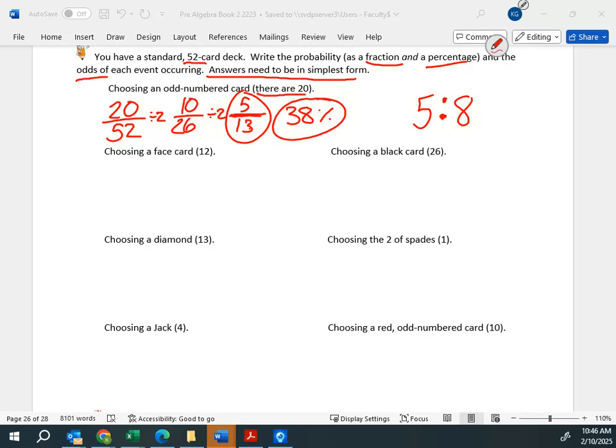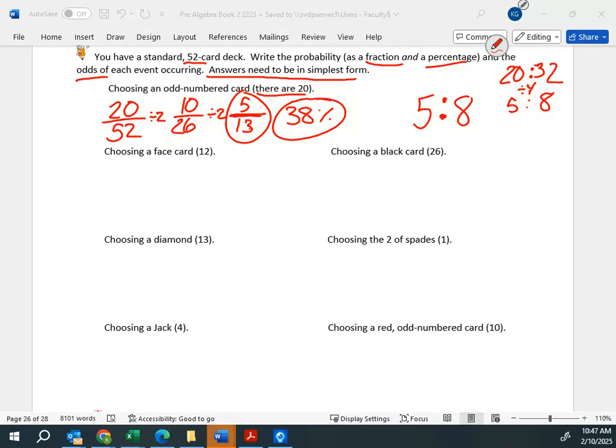You could also say, well, we had 20 successful and then 52 total, so 52 minus 20 gives us 32, right? Then we simplify it down. We can divide a 4 out of those. 20 divided by 4 is 5, 32 divided by 4 is 8. We get the same answer.